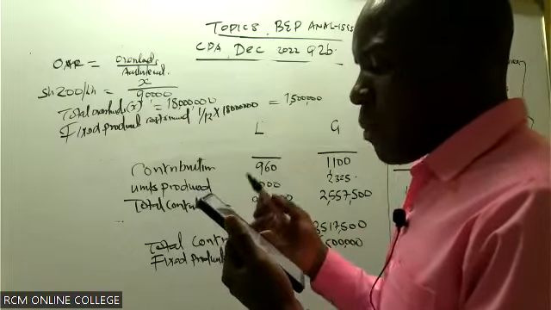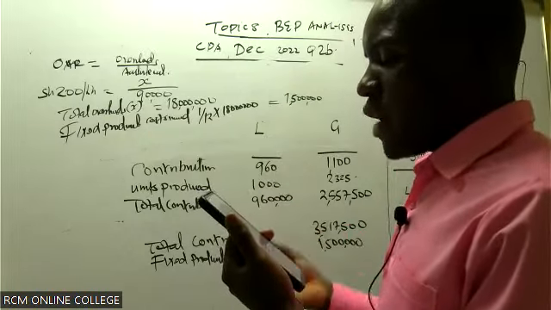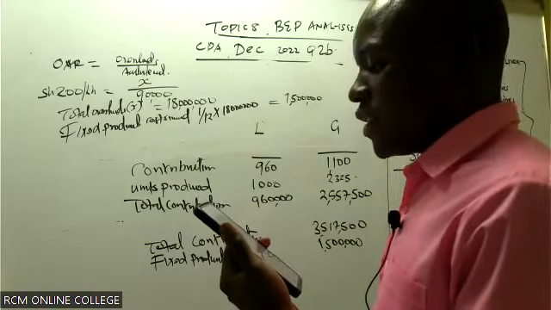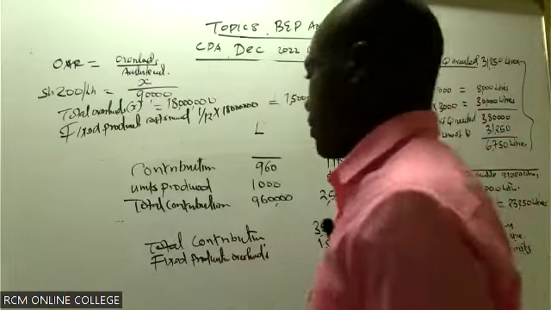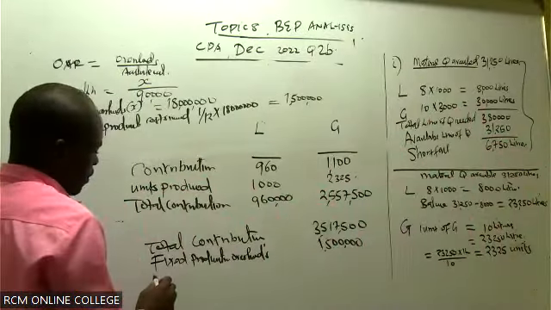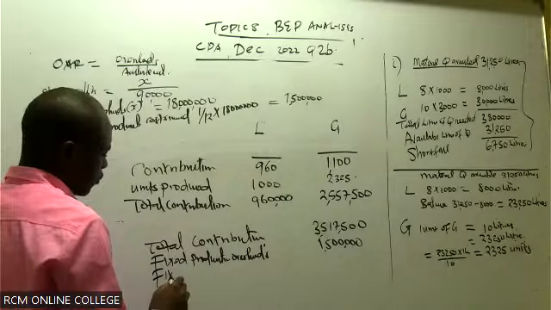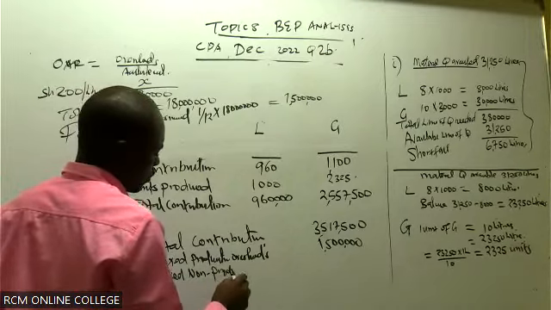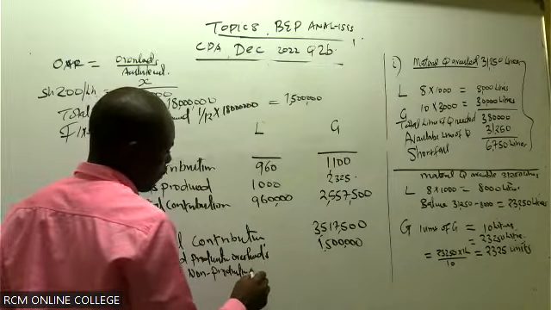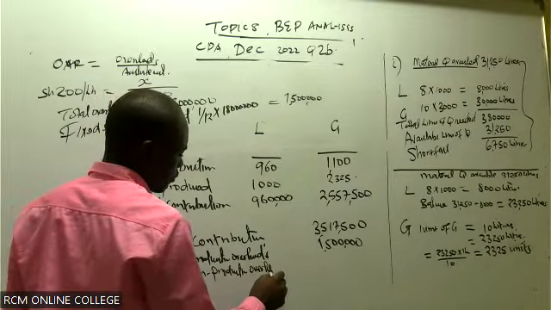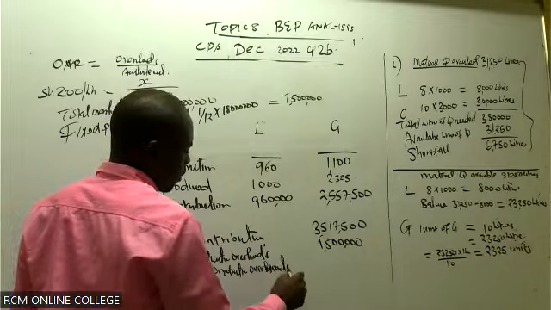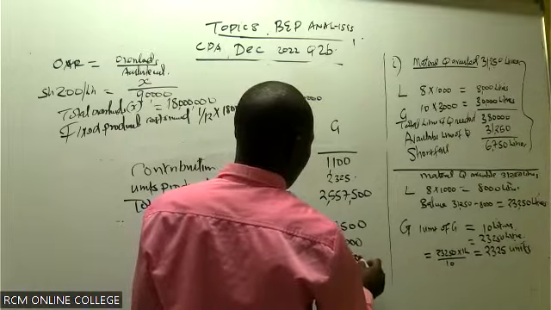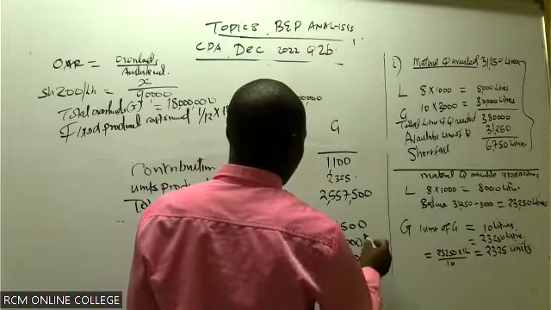In addition to the above costs, non-production overhead costs are expected to be 577,500. So less fixed non-production overheads or costs, which are equivalent to 577,500. Now it's easy to subtract.